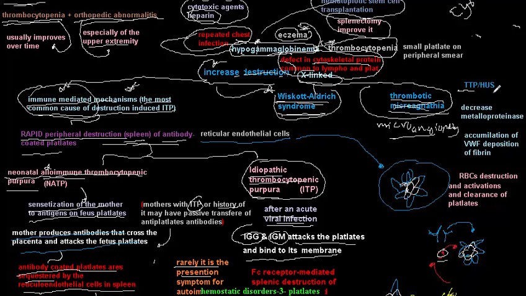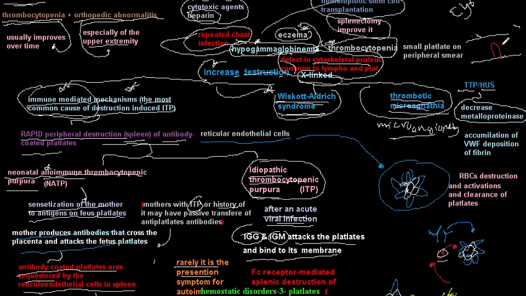In thrombotic microangiopathies like thrombotic thrombocytopenic purpura and hemolytic uremic syndrome (HUS), the end result is a decrease in metalloproteinase. This is a protein that contributes to the destruction of von Willebrand factor. So let's just draw it. This is a blood vessel, and here we have von Willebrand factor.